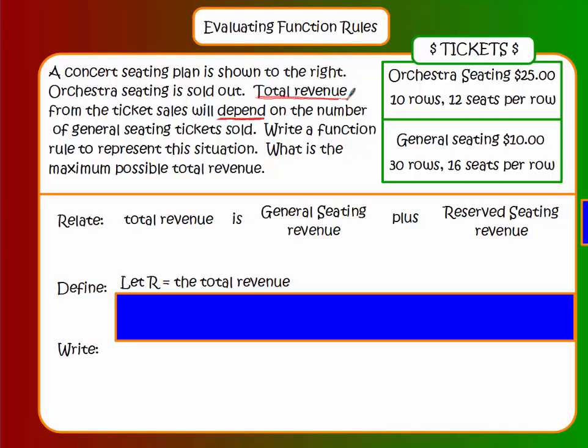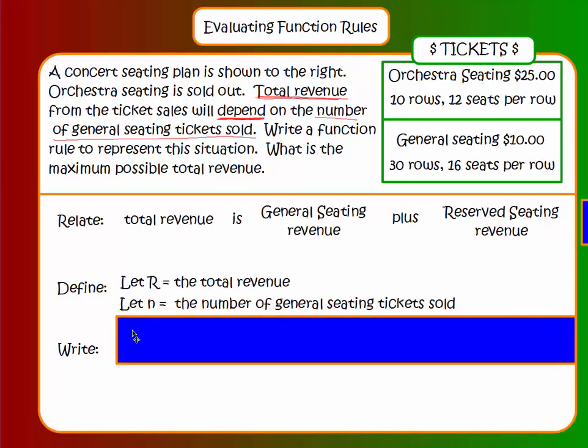Okay, it depends on what? Well, it depends on the number of general seating tickets sold. So that's the other variable, the number of general seating tickets sold. That's what's going to change. As that changes, the total revenue will also change. So let's see. Let N be the number of general seating tickets sold.